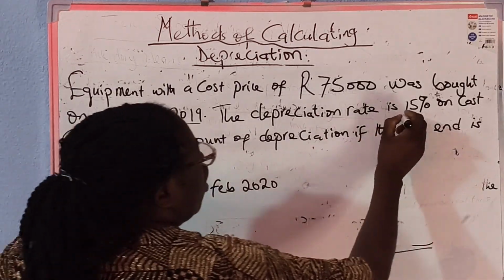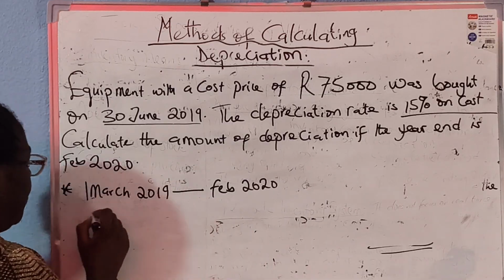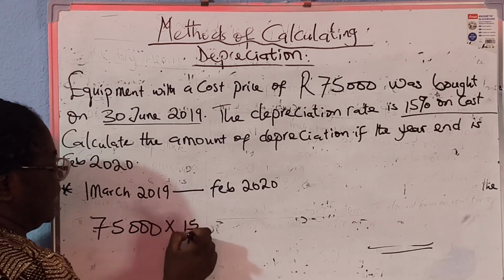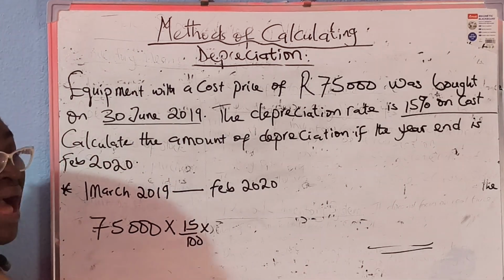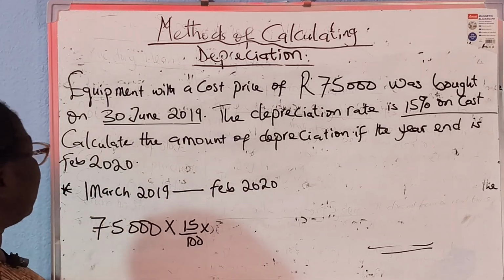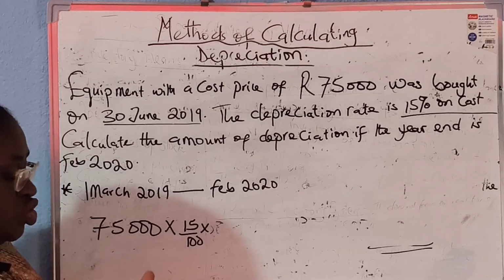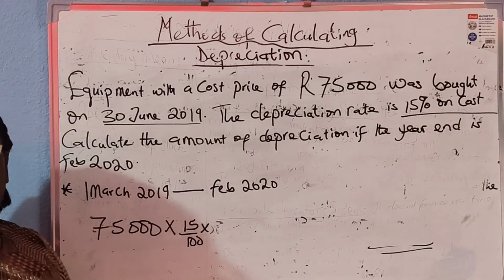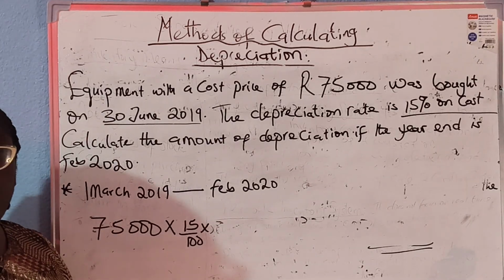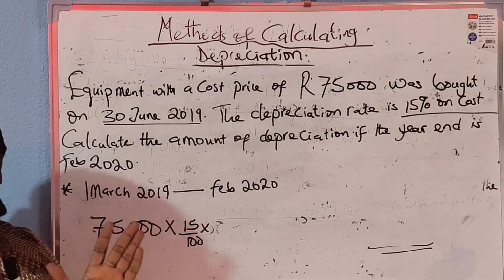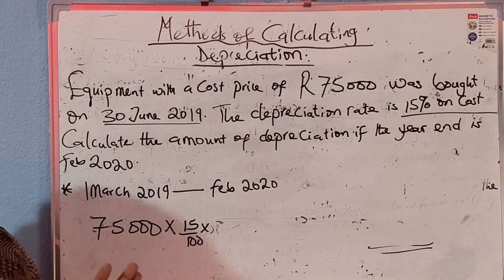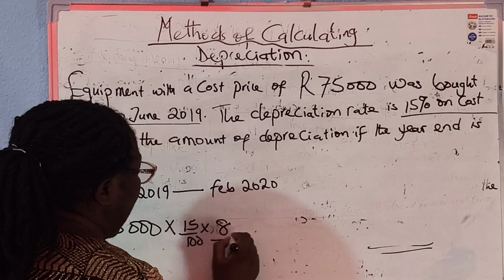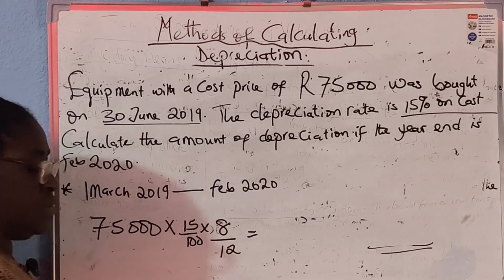Since we are using the cost price method, we say 75,000 times 15% times the number of months. We use this asset from July, August, September, October, November, December, January, and February, meaning only 8 months out of 12 months.